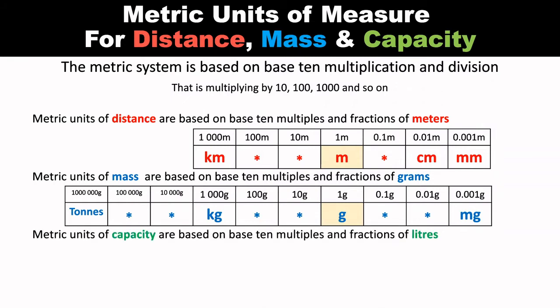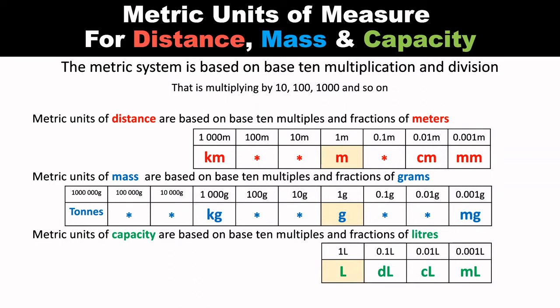Next, for units of capacity, they're also based on base 10 multiples and fractions of liters this time. So here's our table, and it's a smaller table this time because we don't have anything like kiloliters. So let's just go to the right of the liters. One step to the right, I'll divide by 10. That's a deciliter. Remember I said we could talk about decimeters or decigrams, but we don't really use them?